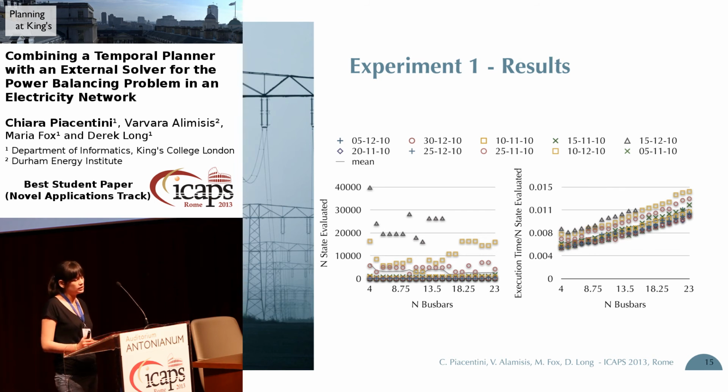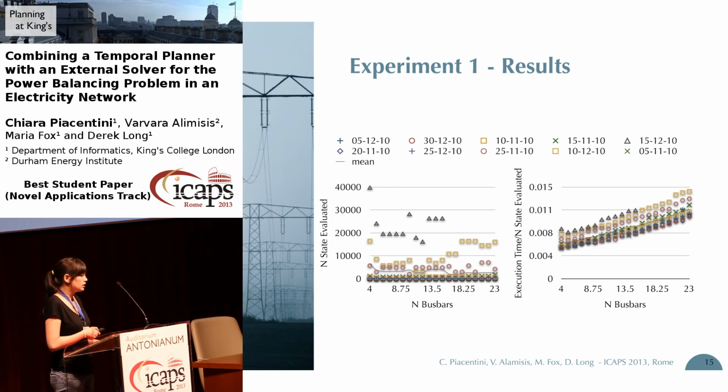And this quantity gives us an indication on the time spent to evaluate a single state. Right. So we can see that when we have a network with more bus bars, we have an increase of time spent to evaluate every state. And this is because basically the external solver needs more time to compute the solution of the power flow equations.